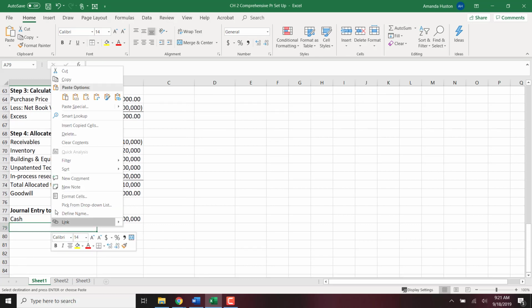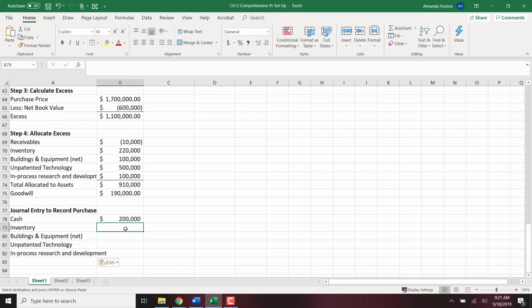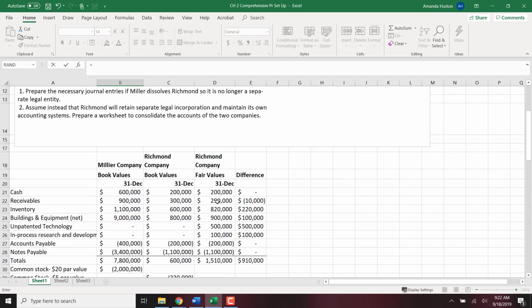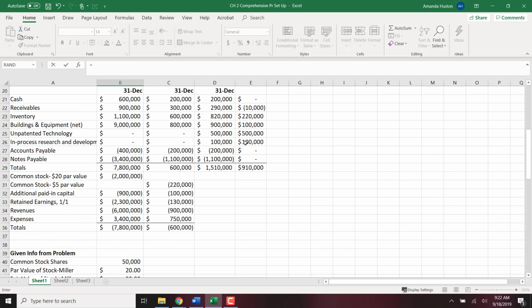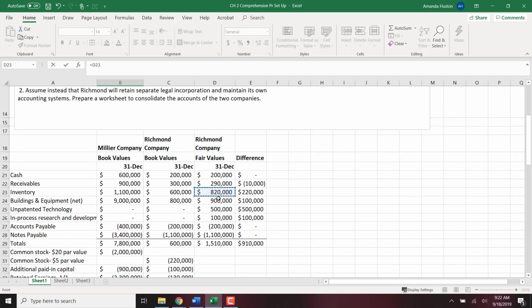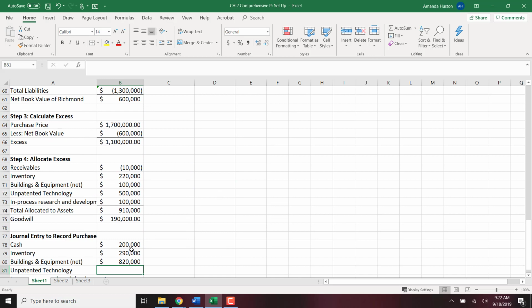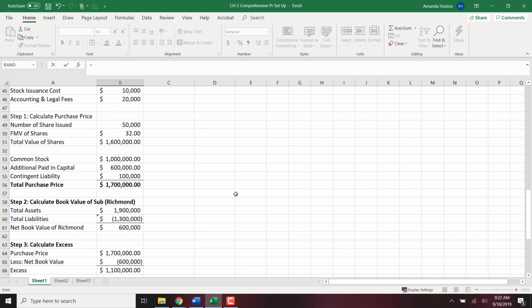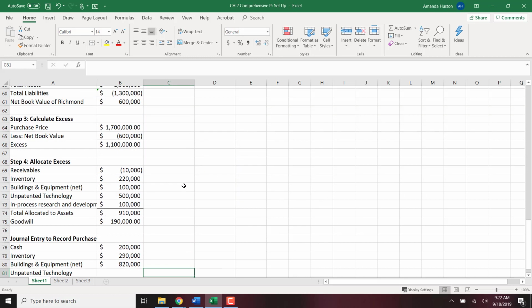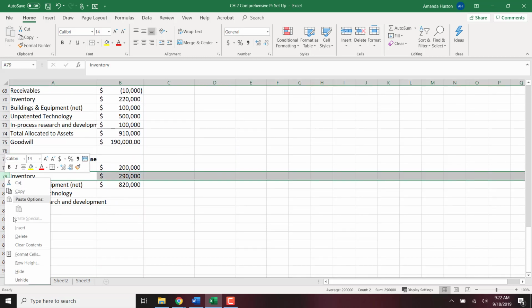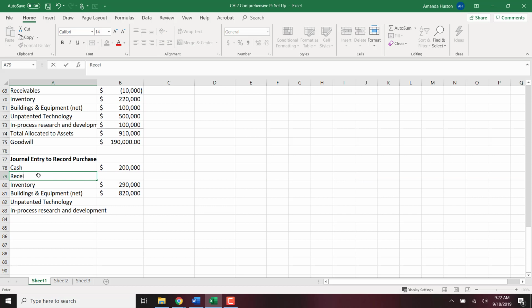Okay. So I'm going to take all of their assets at fair value. So I'm just linking the numbers. I'm taking buildings and equipment fair value, inventory fair value, unpatented technology. Nope, I might have copied this wrong. Sorry. Forgot receivables here. That's what happens when you copy paste.